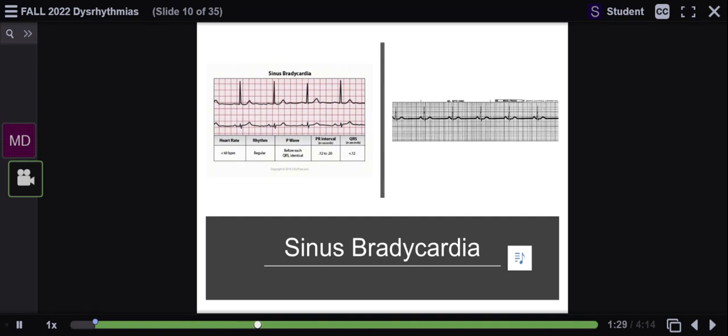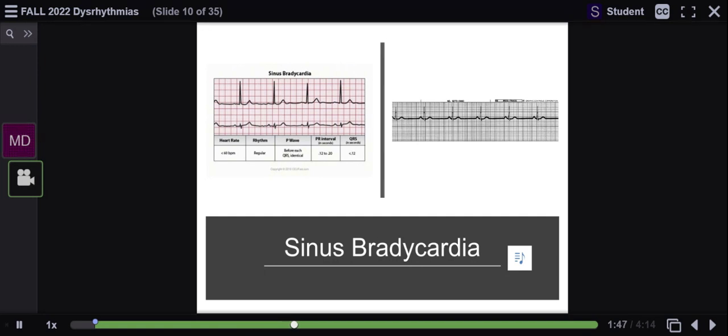You will see sinus bradycardia as a normal rhythm for patients who are athletes or runners. So you don't need to treat that.